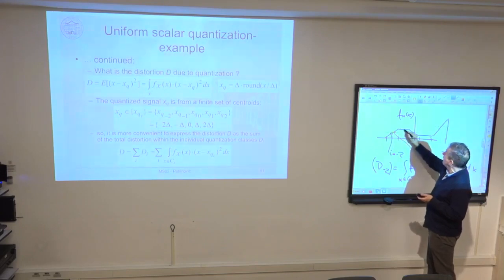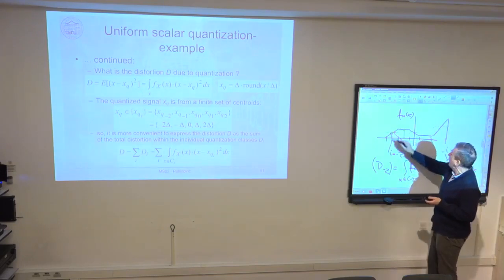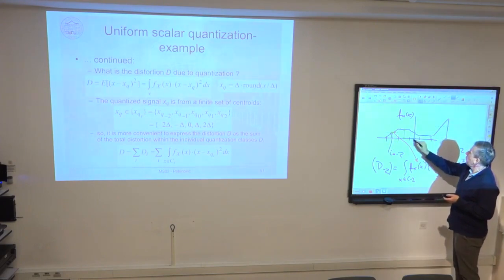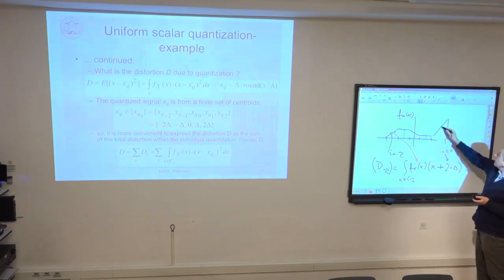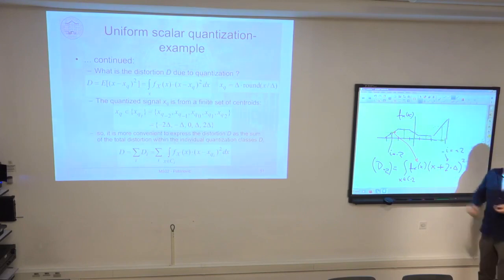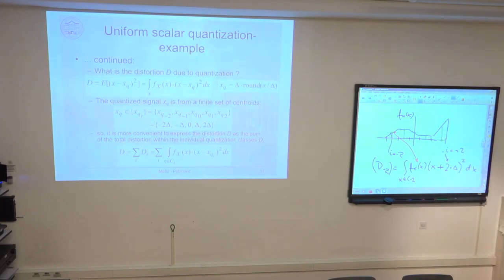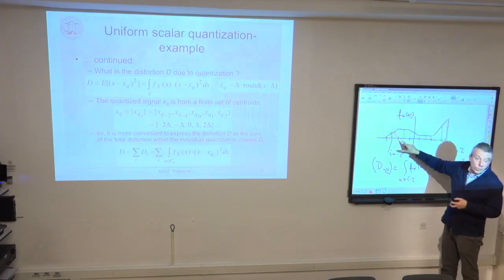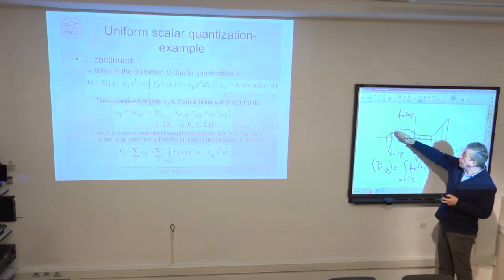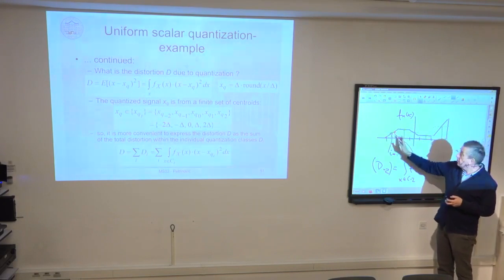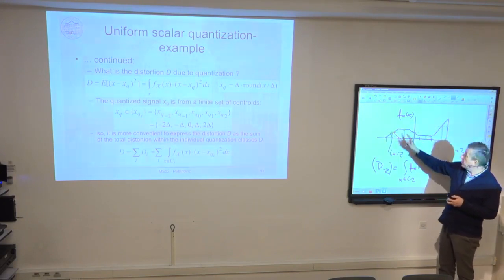So f_X(x) for this central representative value would be taken instead of the original function that depends on x. So instead of using whatever function is actual in this interval, I will use the value at this representative point. In our case, this was minus 0.8. So instead of using the actual function, I use the density at this value minus 0.8. And this is, of course, an approximation.